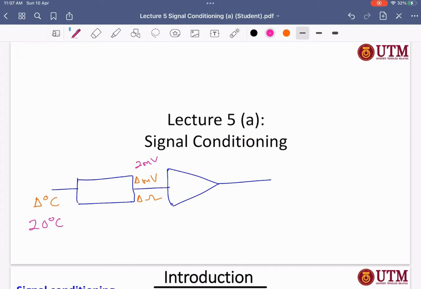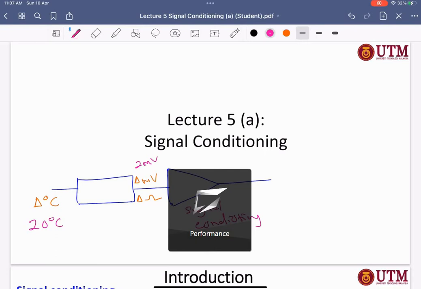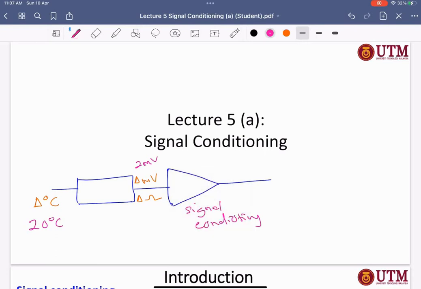That's why sometimes you need a signal conditioning, whether you want to amplify it, filter the noise, convert it from resistance to millivolt, from resistance to current, or from voltage to current, and so on. So this is a very important one, the signal conditioning.